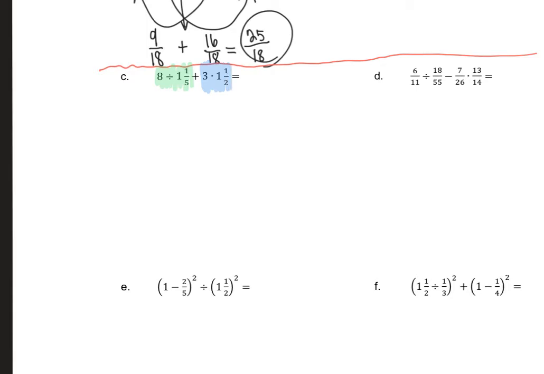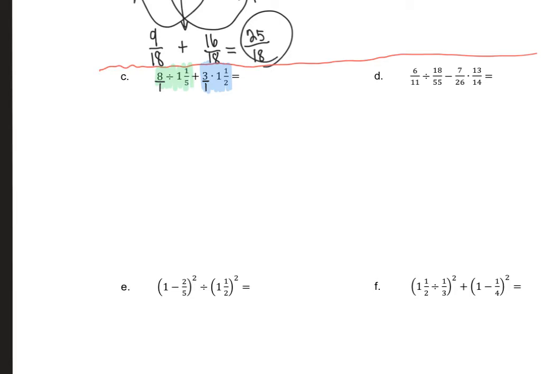Okay, the first step though I'm going to have to do is to create fractions, or improper fractions more specifically, before I do anything. So my first step is to create fractions out of everything. And the way I want to do that when I have whole numbers is I'm going to throw this over 1, and I'm going to throw this over 1.